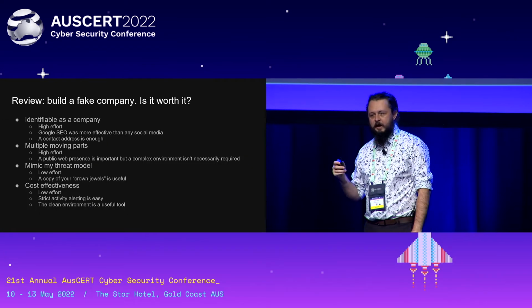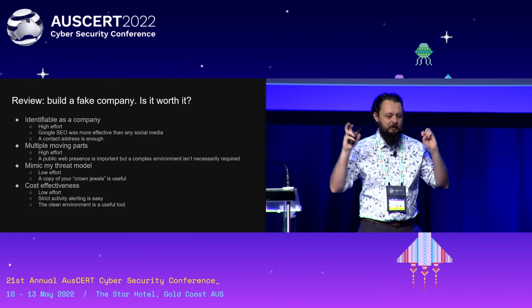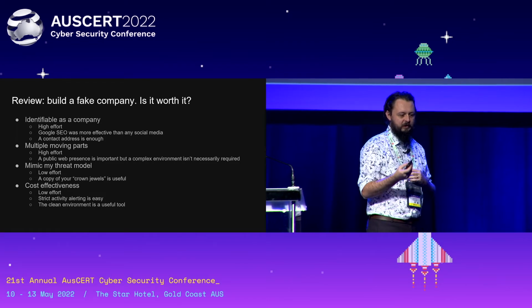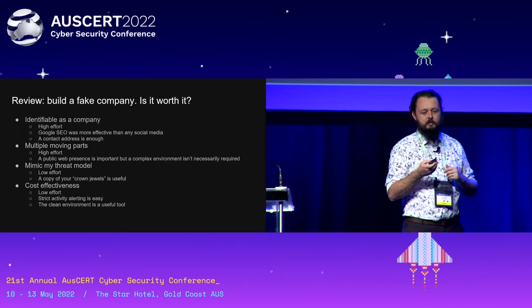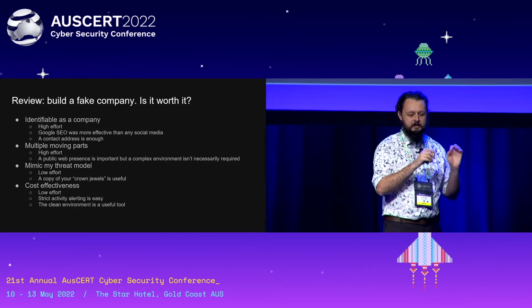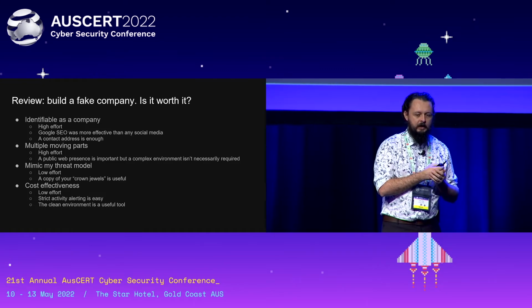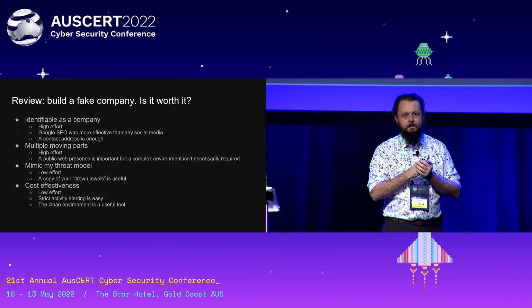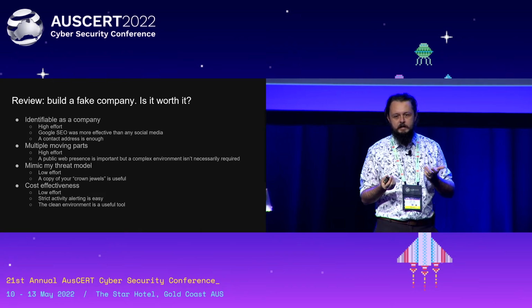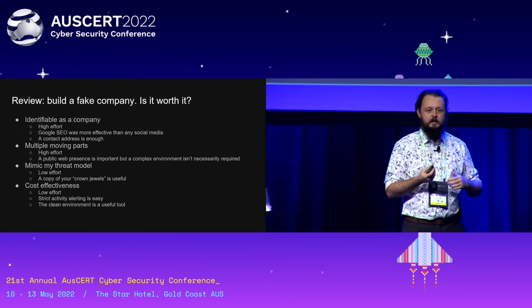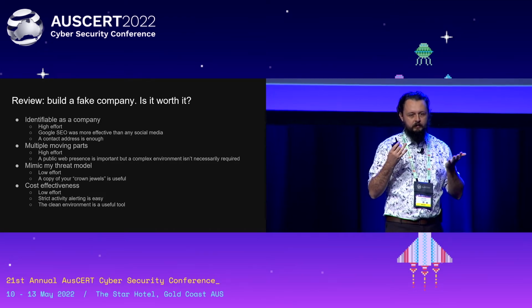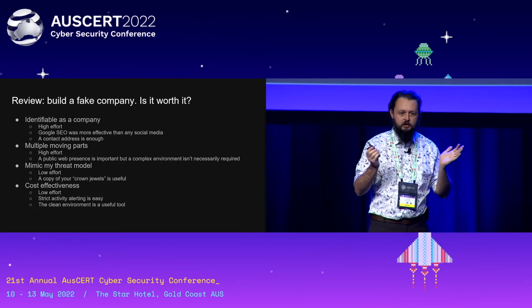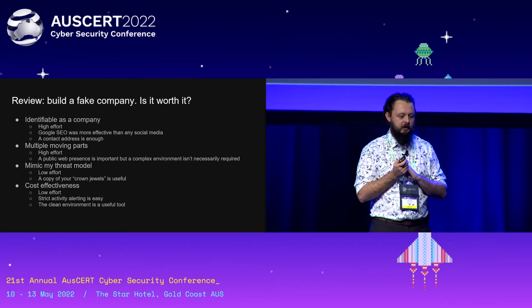So circling back to the experiment, what did I get out of it? One of the things I wanted to do at the start was make it identifiable as a company. It's a very hard metric to measure whether you're effective at this or not. In the 6 months that it's run, it hasn't had any major breaches or anything like that.